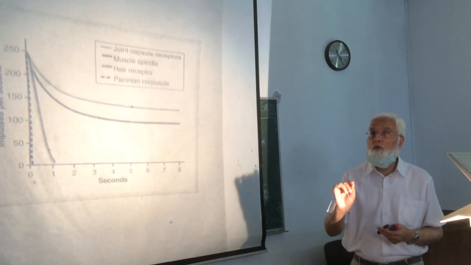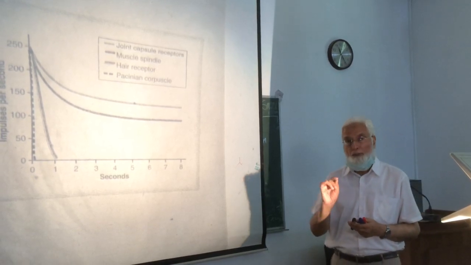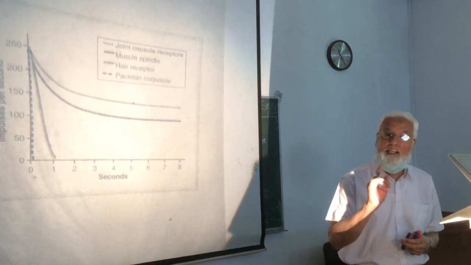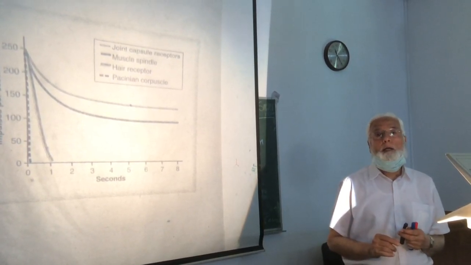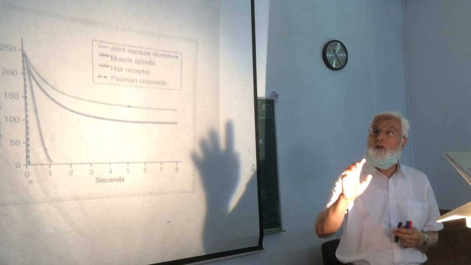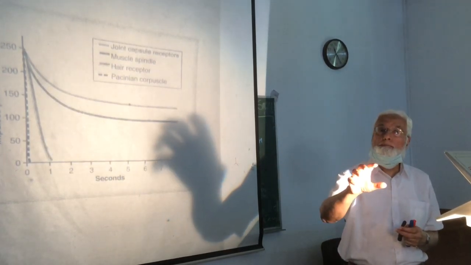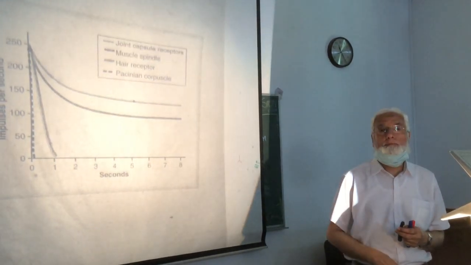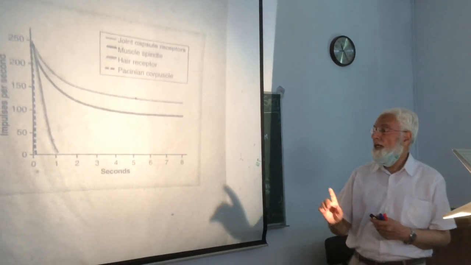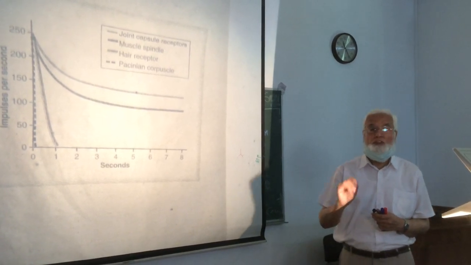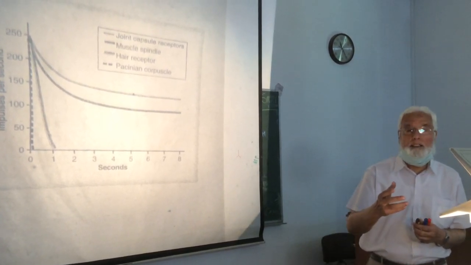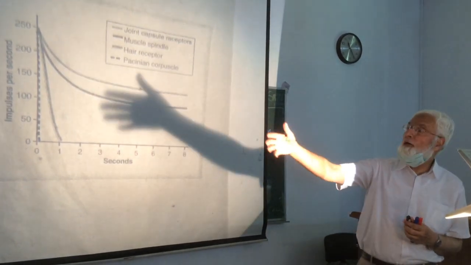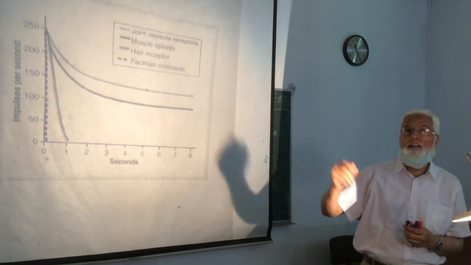The brain is able to perceive and discriminate the intensity of a stimulus by receiving two types of signals, impulses, from the receptors.